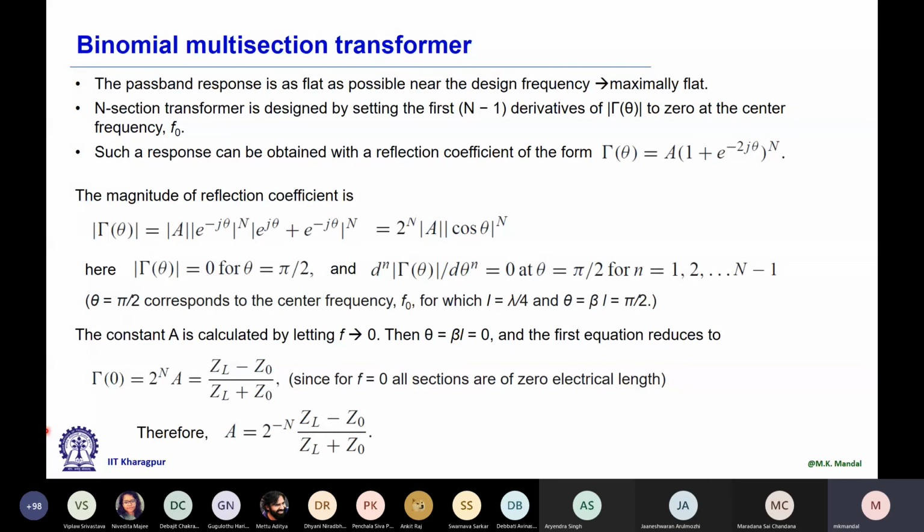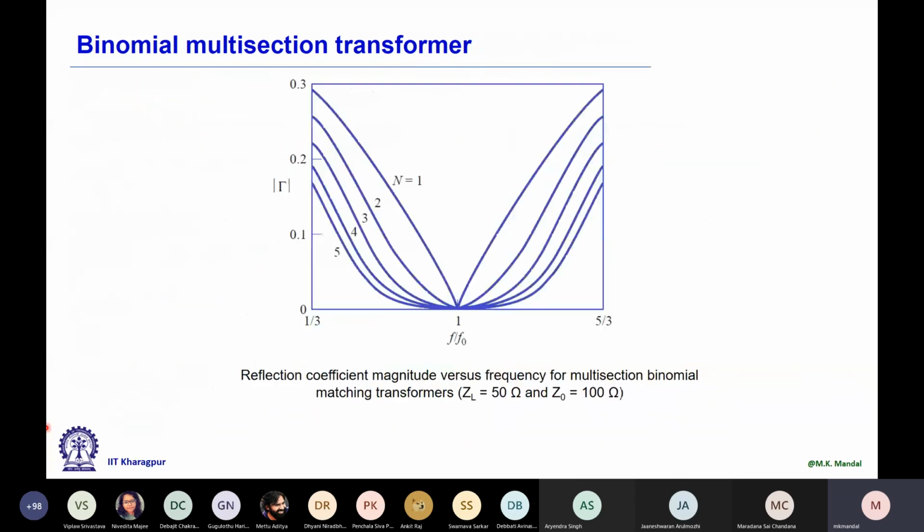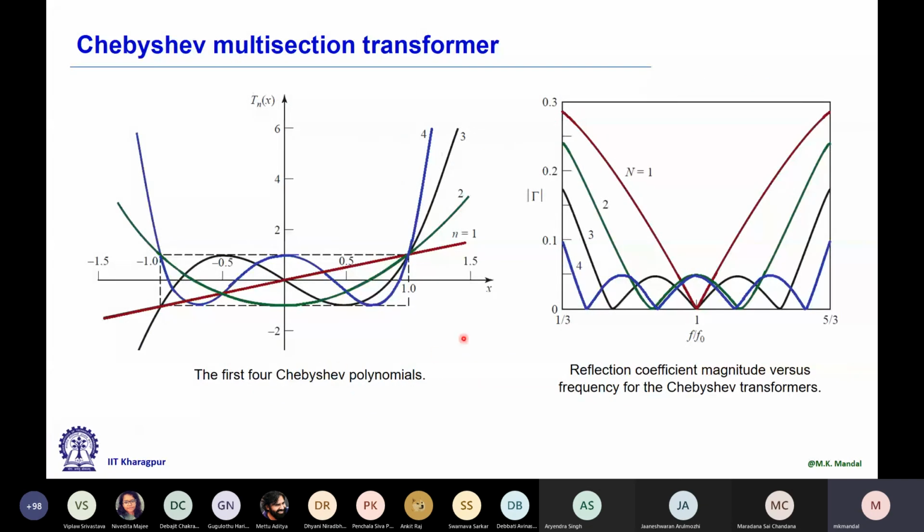If I compare responses among different types of multi-section transformers, the response for the magnitude of S11, if I plot magnitude of S11 versus frequency, provides a maximally flat response. You see, the magnitude of gamma over the matching bandwidth actually has a ripple.